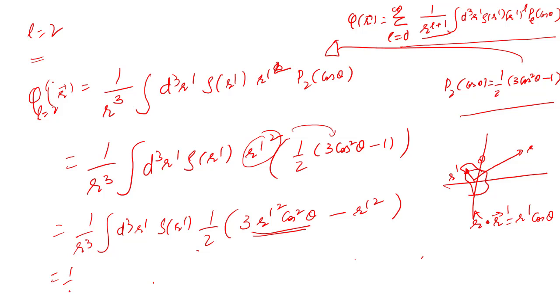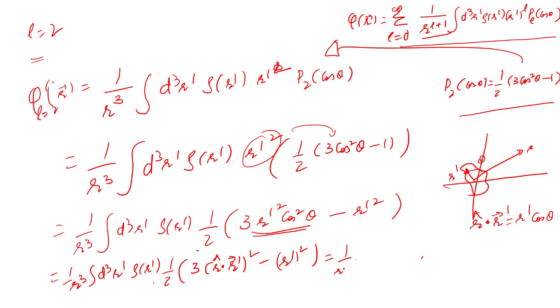So I could instead write this as rho of r prime, half 3 times r dot r prime whole square minus r prime square, right? So then I can manipulate this further.